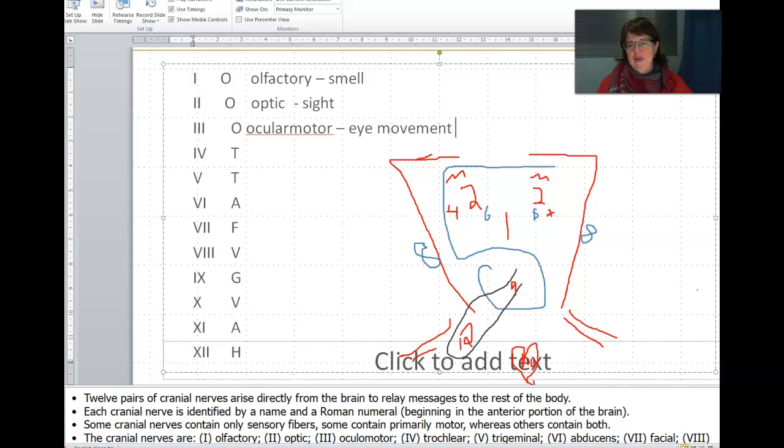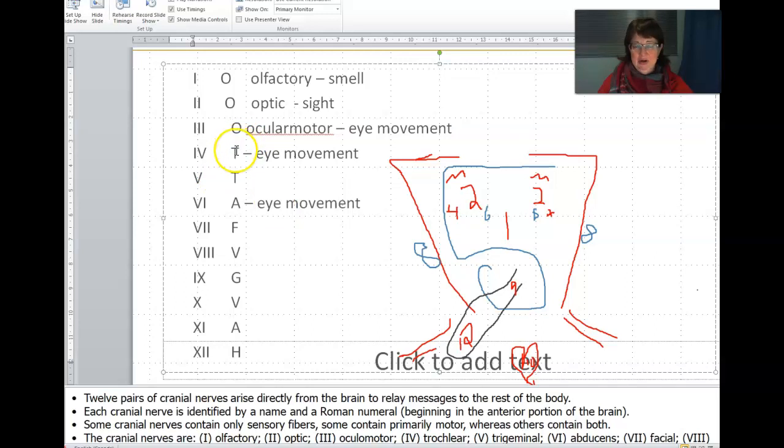Now, as we go through it, there were actually 3 that had eye movements. So number 4 is also eye movement. And number 6 is also eye movement. Just different muscles. You don't need to know which muscle.